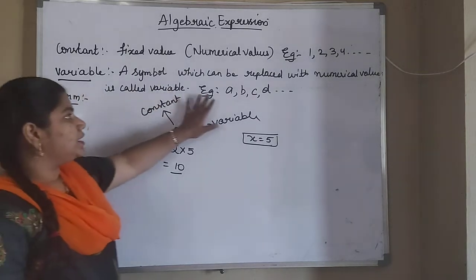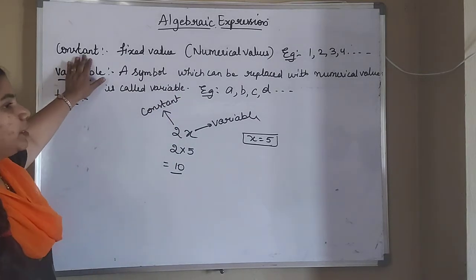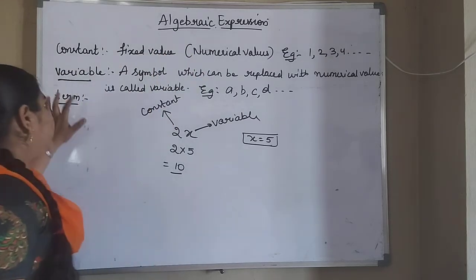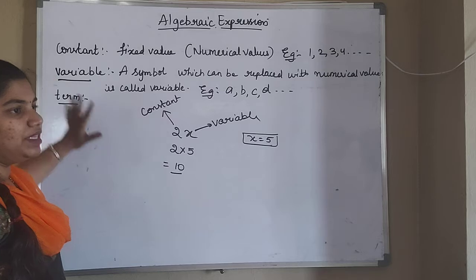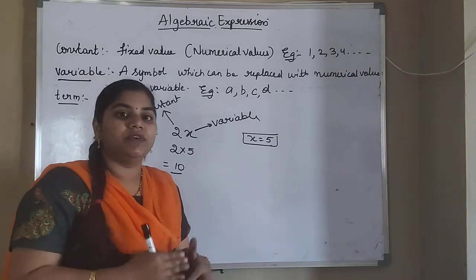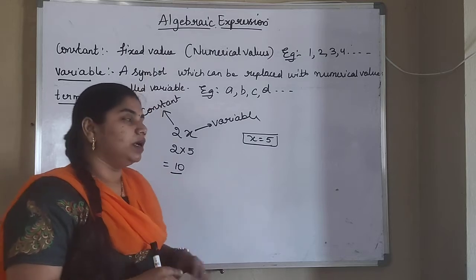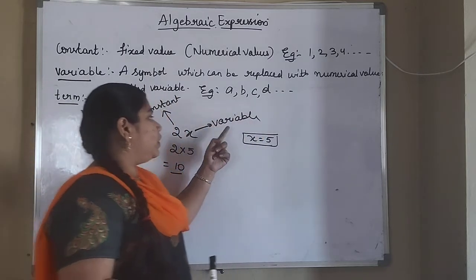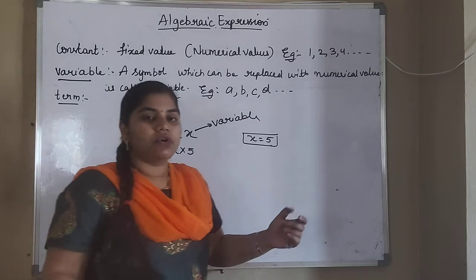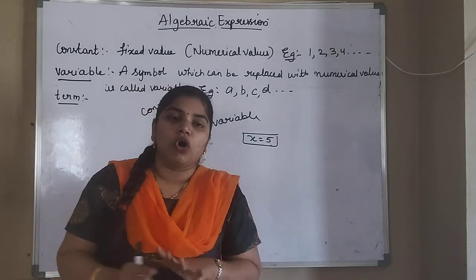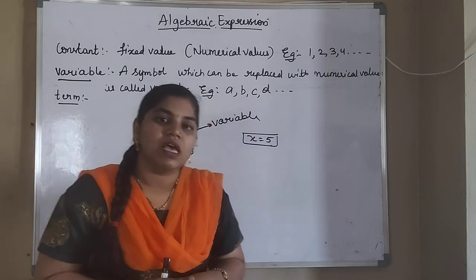So constant means it has a fixed value which can't be changed. And variable means it can be replaced with a numerical number. If it can be changed with a numerical number, that type of alphabets we call variables. All the English alphabets, capital or small, we call variables.